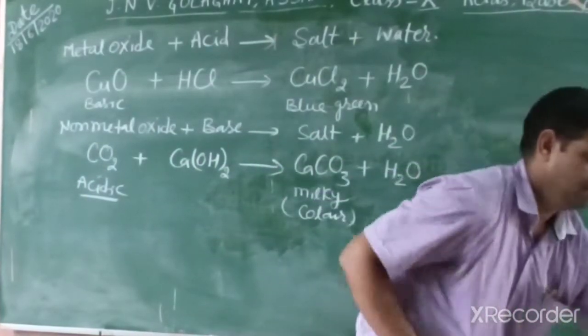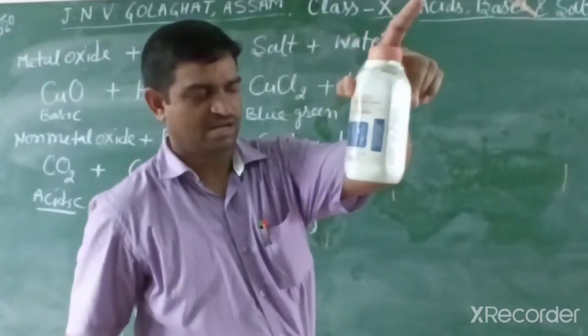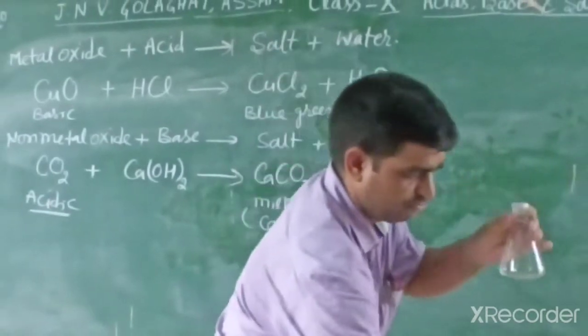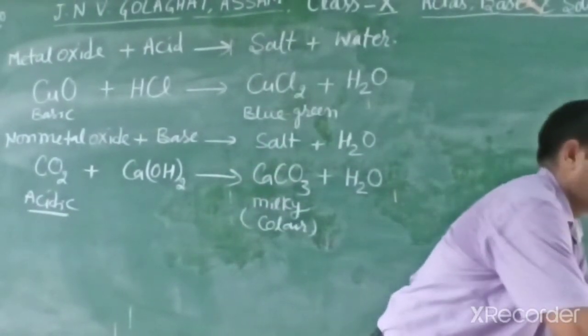So this one is sodium hydrogen carbonate, or bicarbonate. We take a very small amount of sodium bicarbonate in this conical flask.